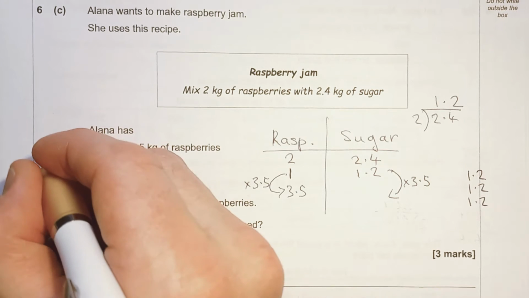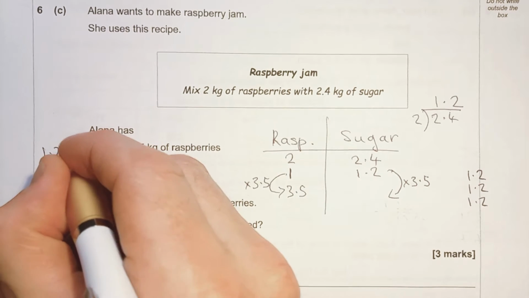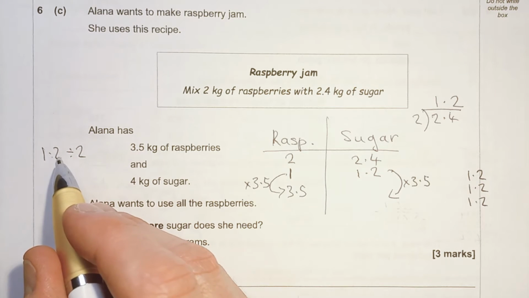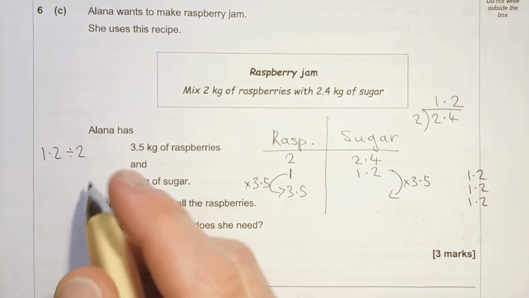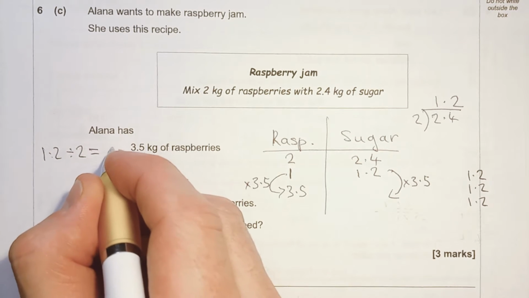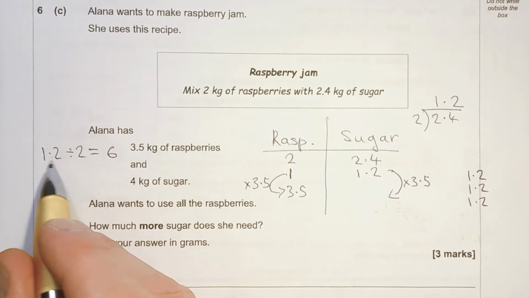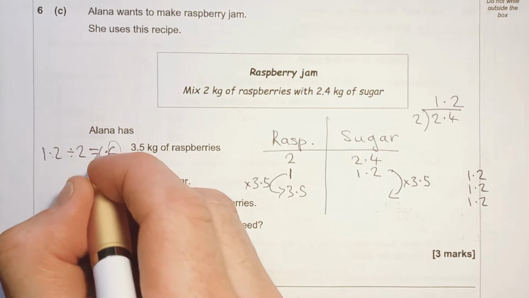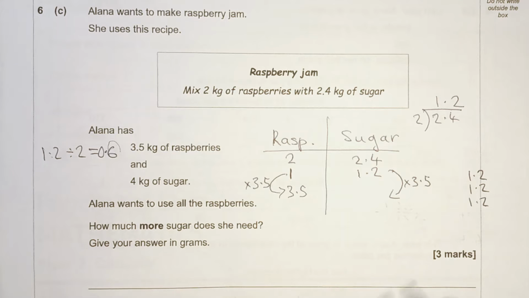So 1.2 divided by 2. Well, ignore the decimal point to start. If I had 12 divided by 2, it would be 6. But we've got 1 decimal place, so we're just going to put the decimal point in there, and we're going to have 0.6.